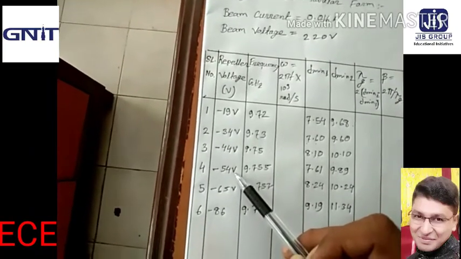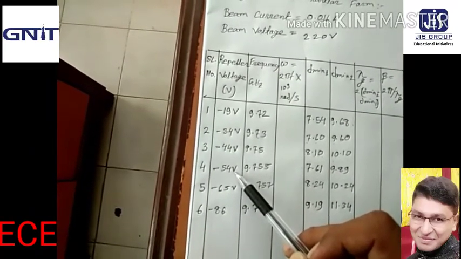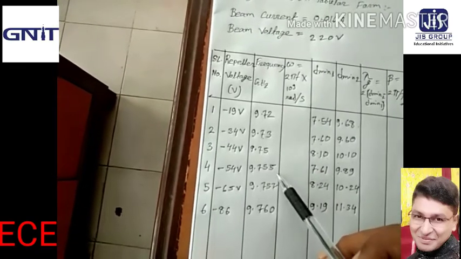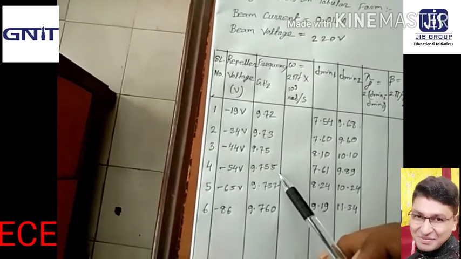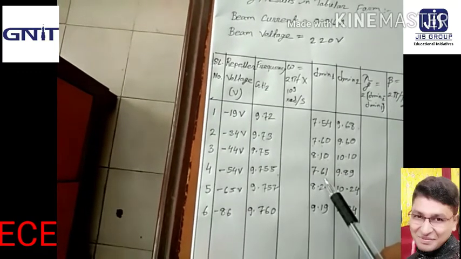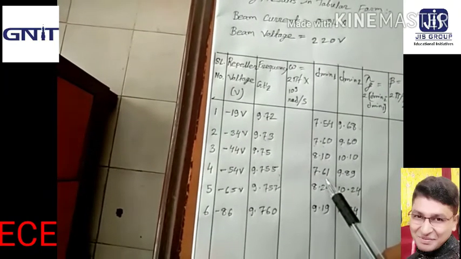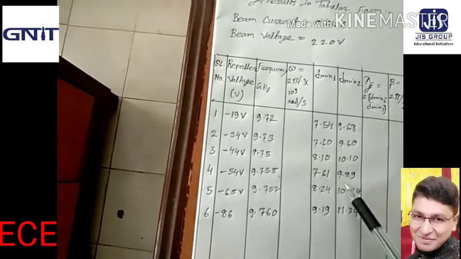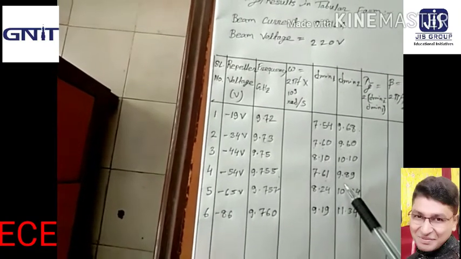Fourth is minus 54 volt, frequency 9.755 gigahertz, D min 1 7.61 and D min 2 9.89.